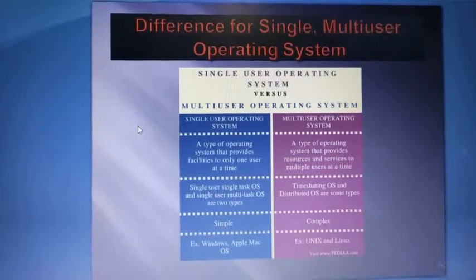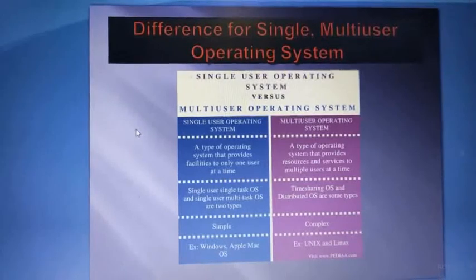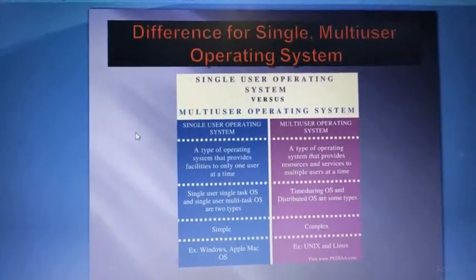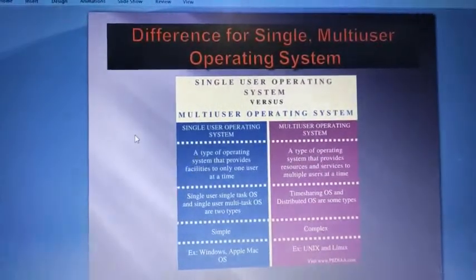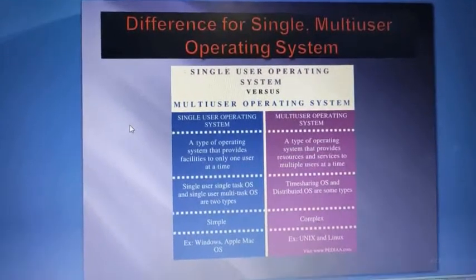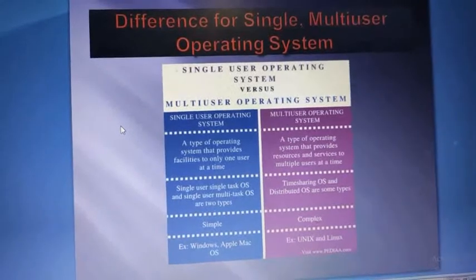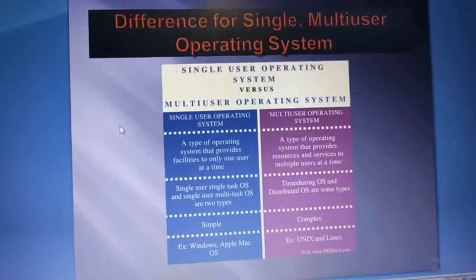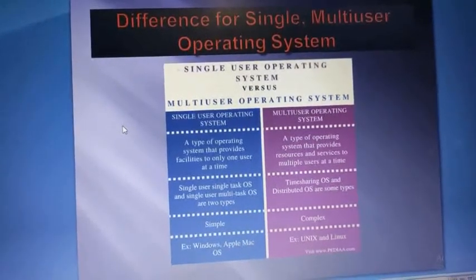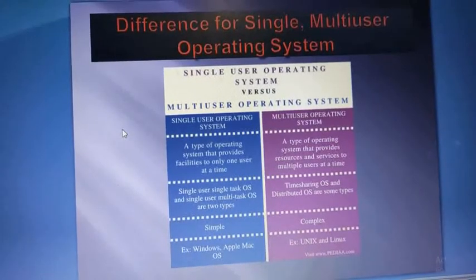This is the difference between single user and multi-user operating systems. First point, a single user operating system is a type of operating system that provides facilities to only one user at a time.